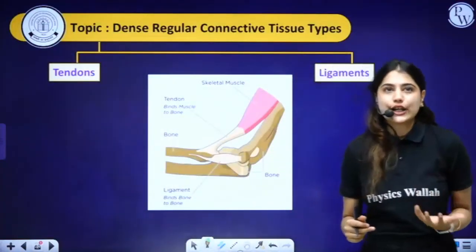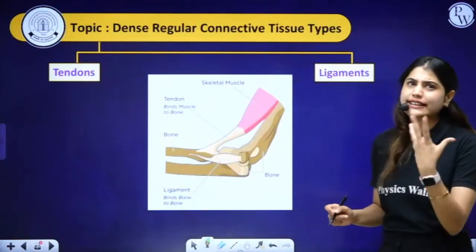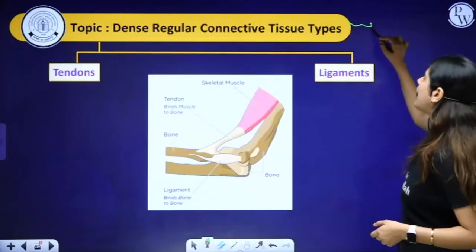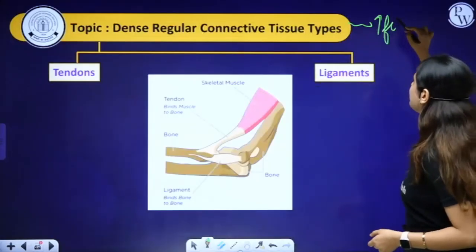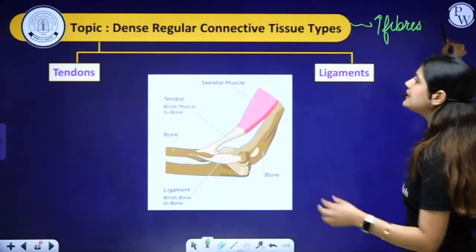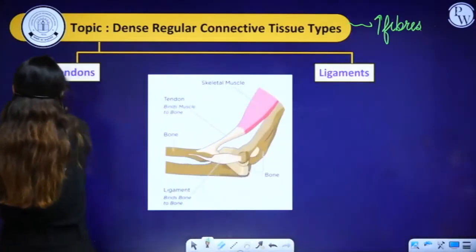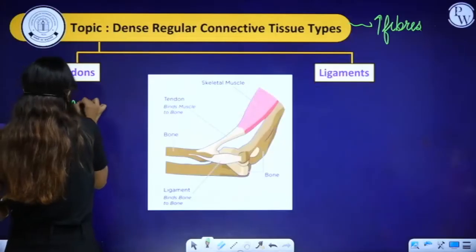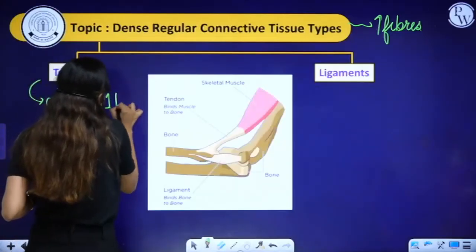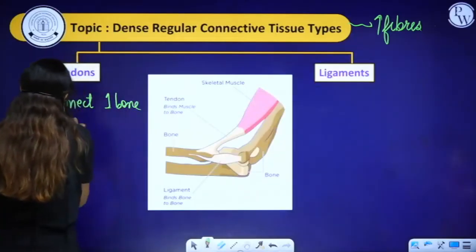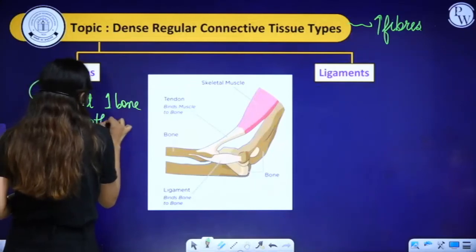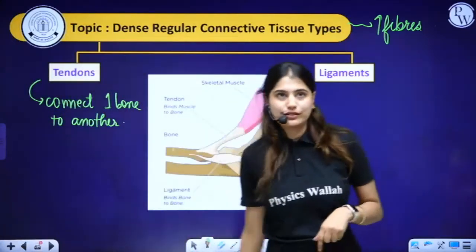Next is dense regular connective tissue. Why am I saying dense and not loose? Because here the fibers are more in number. So there are two types, that is the tendons and ligaments. Tendons, we can remember that it is going to connect one bone to another. That is, it will be connecting bone to bone, right?